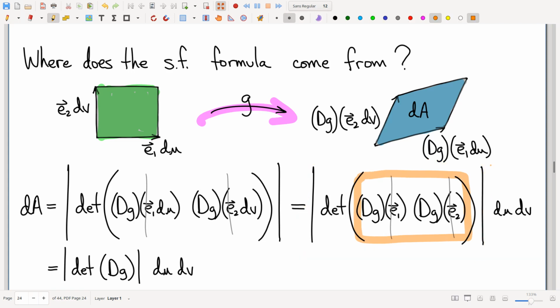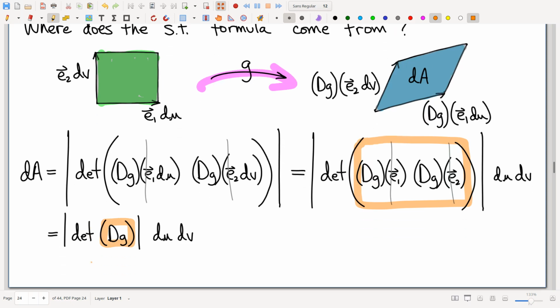There's a real tricky move. I think this is very slick to understand this matrix. I claim that this whole matrix is dg. And here's why. It takes some looking at to think it through. But let's look at this one bit at a time. Let's start by looking at the first column here. What can I say about this first column?